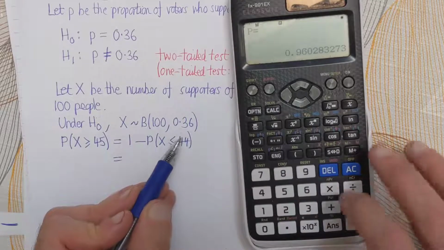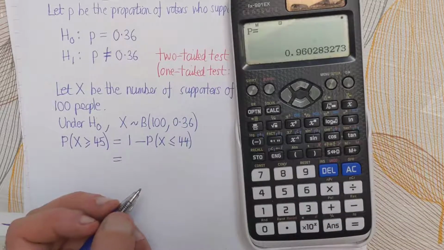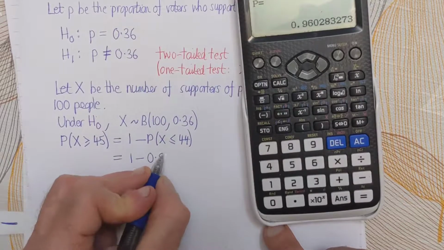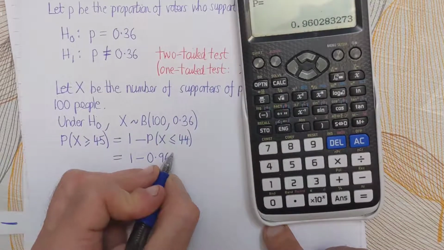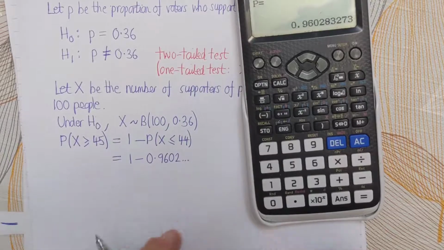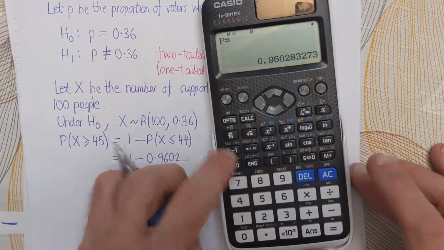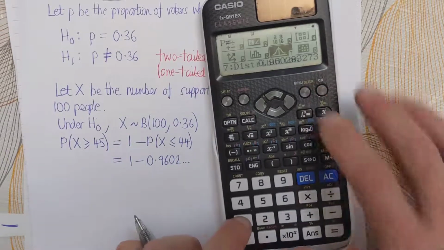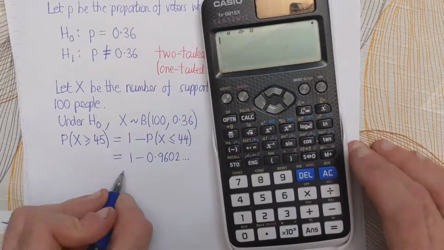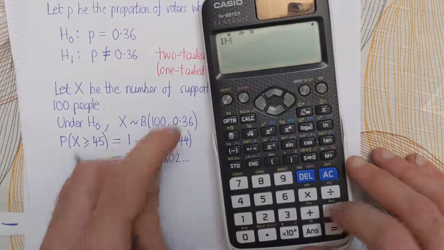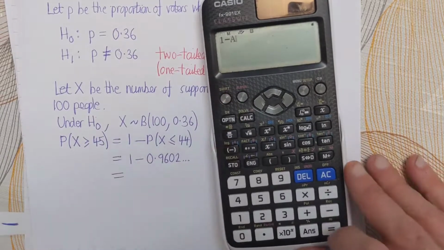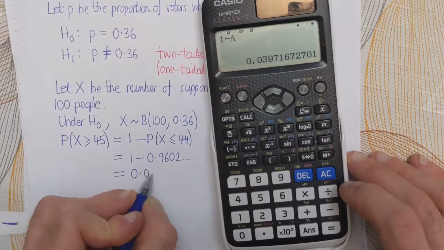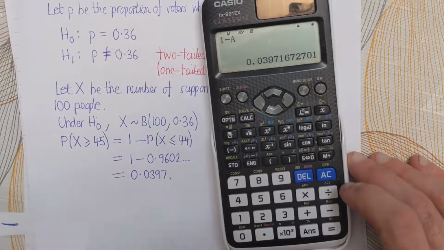And that will give us 0.96028, which is 1 minus 0.0397. And let's put this value in the memory. So store A, and then we go to menu 1, and we do 1 minus A, and it gives us 0.0397.